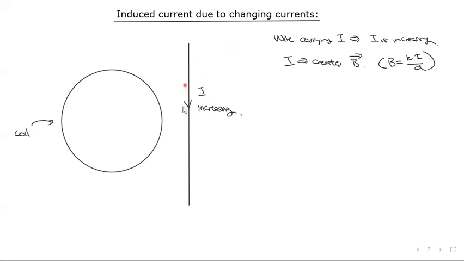So if you recognize that the current is going downward, then we would apply the right-hand grip rule, and we would then recognize that this is only a 2D representation of what's actually in 3D. So if your current is going down, your magnetic field lines that this current creates would wrap in this sort of direction around the wire.